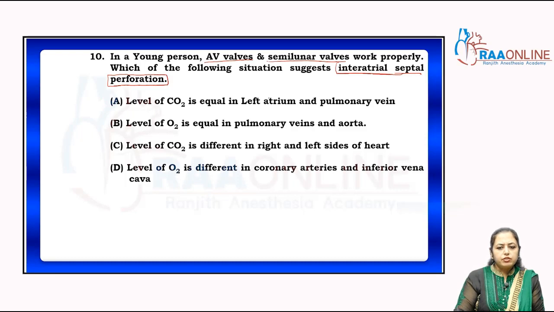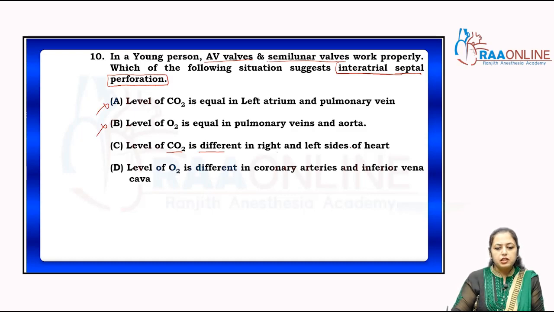The level of carbon dioxide is equal in the left atrium and pulmonary vein? No. The level of oxygen is equal in pulmonary vein and aorta? No. The level of carbon dioxide is different in the right and left side of the heart? Maybe, but it's not related to the interatrial septal perforation.